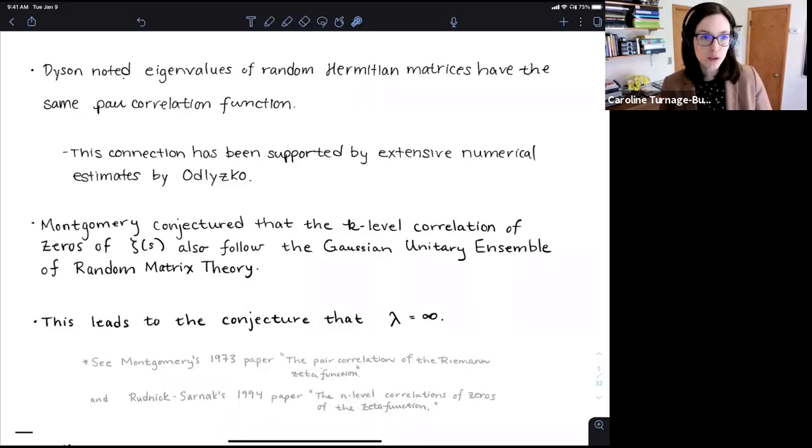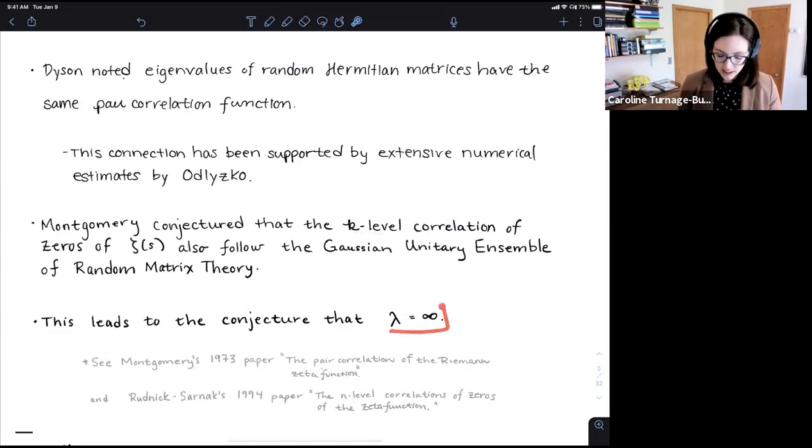Now, in Montgomery's pair correlation paper, he also conjectures the higher level correlation of zeros of the zeta function, and also conjectures that they should match the Gaussian unitary ensemble from random matrix theory. So if you believe Montgomery's pair correlation conjecture and the conjecture relating to random matrix theory, then on the random matrix theory side, the analogous problem would tell you that lambda is infinity.